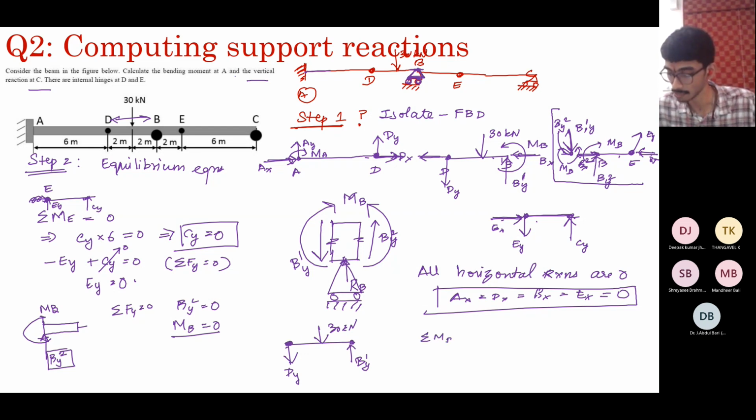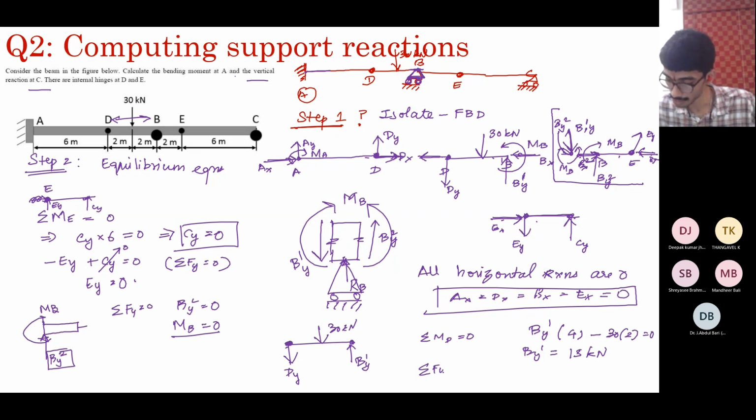If you take moments about the point D equal to 0, you'll get By1 into what is the span? It is 4 meters, minus 30 into the lever arm 2, is equal to 0, which means By1 is equal to 15 kilonewtons.